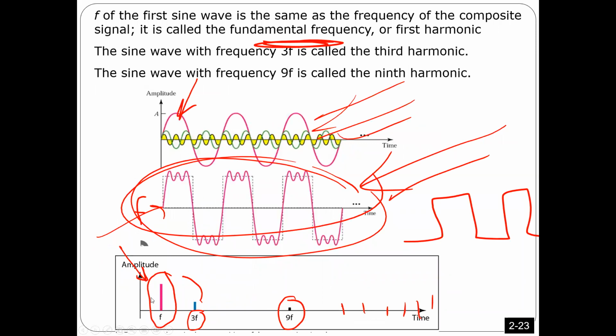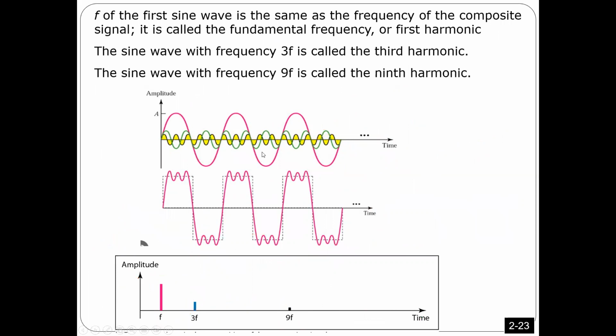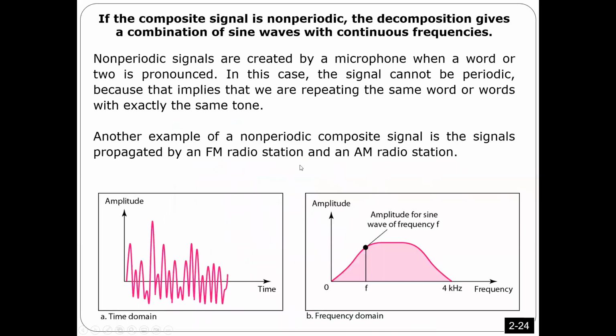So you understand now what I mean by time domain, frequency domain, the fundamental frequency, and harmonics. You should also understand that for a square wave, we should have an infinite number of frequencies. Also, if it is non-periodic, the frequency has to be continuous this way.